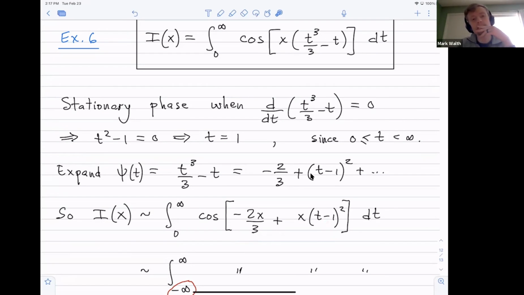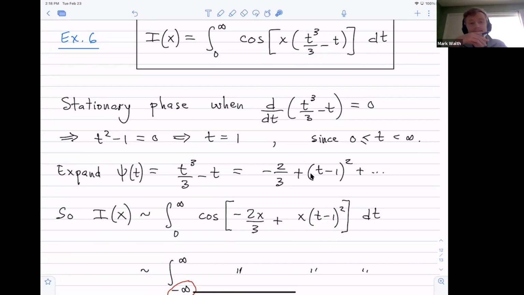Because whereas I had a cubic that had the 2 points of stationary phase, this thing only has the 1 point of stationary phase. Right, I'm only, you get the idea. I'm just looking in the neighborhood of that 1 point. So having done that, then I can, with total abandon, stretch out my integral from minus infinity to infinity with no harm done. I see.